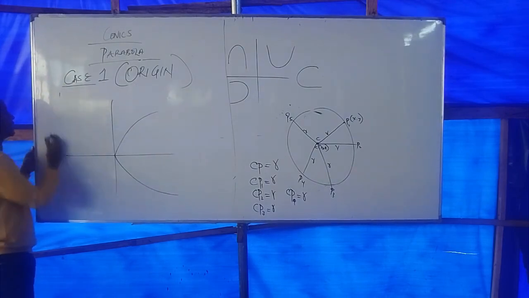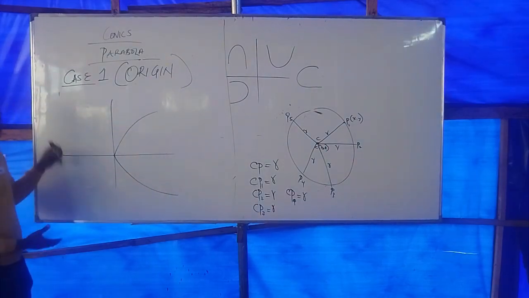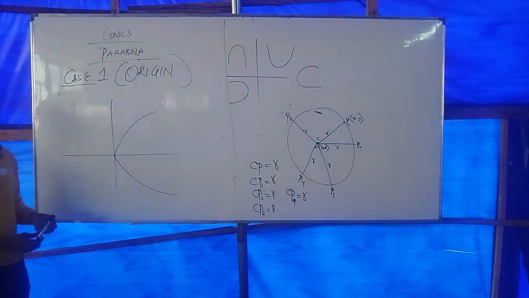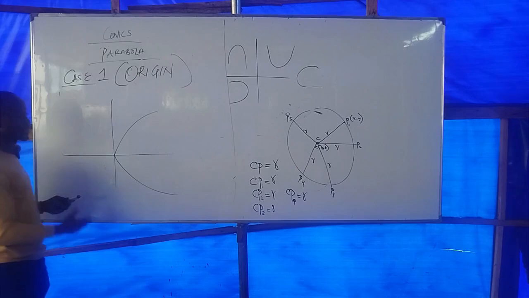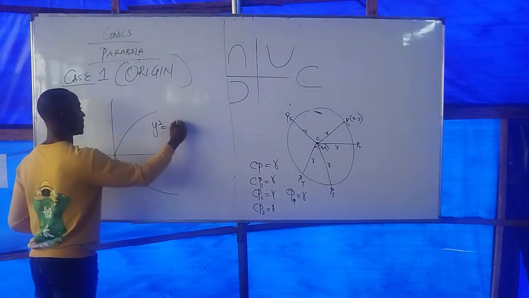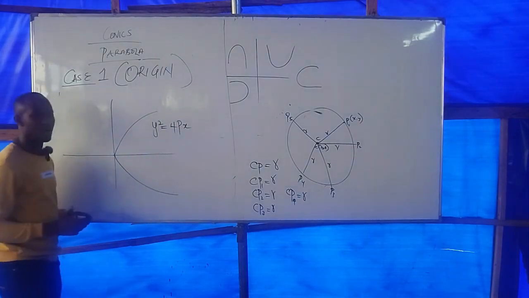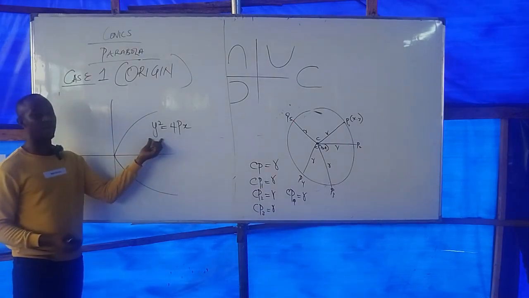Good. So when the parabola is at the origin and the parabola encloses the positive x-axis, it simply means that the value of y will be squared. So the equation of this parabola becomes y squared equals 4px. Why do we have y squared equals 4px? If you notice in this equation, we are squaring y.